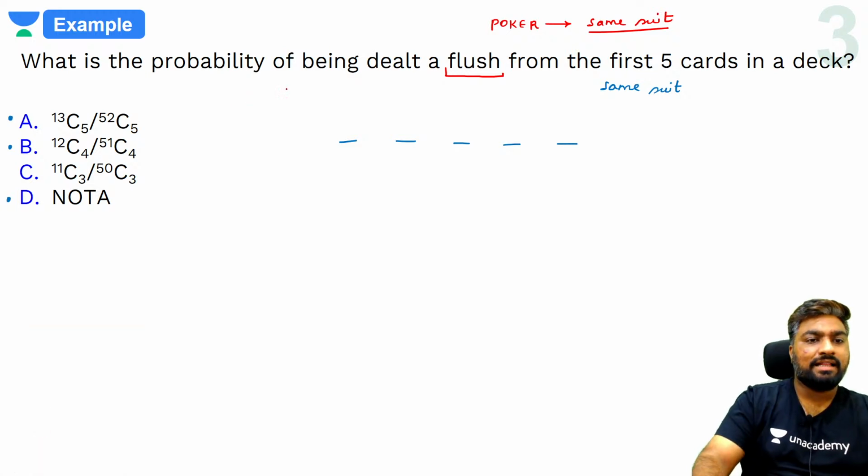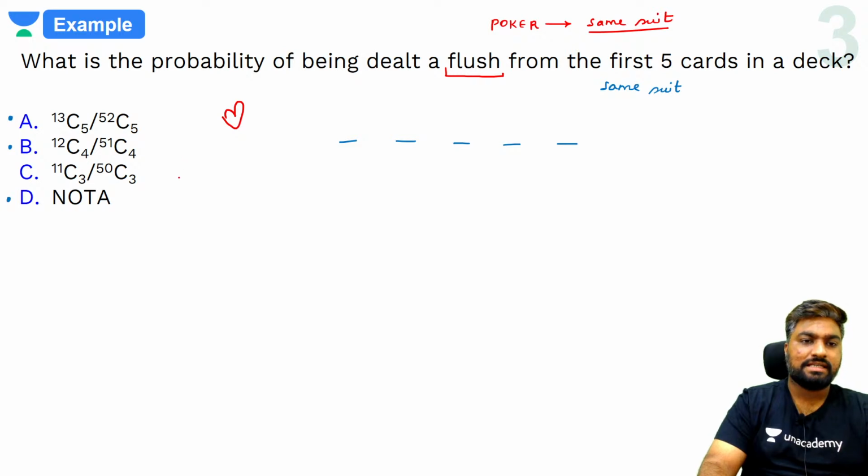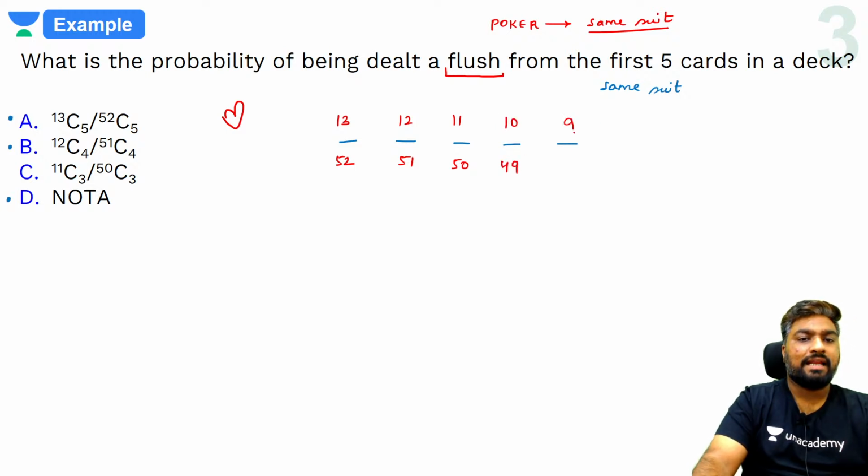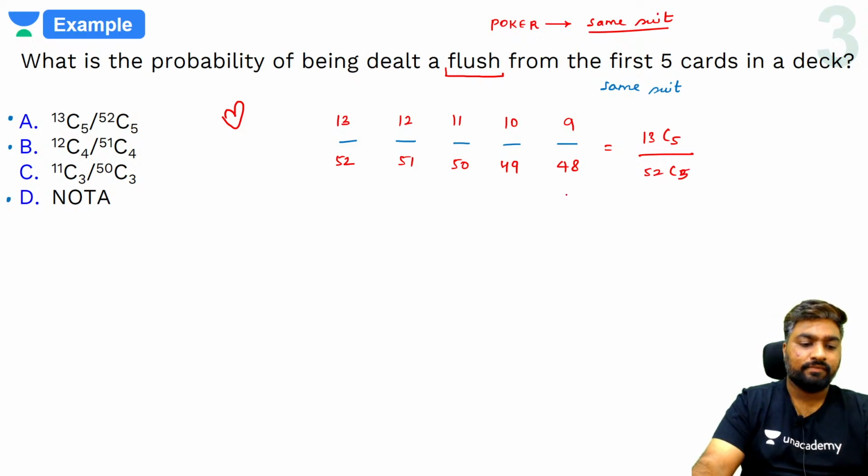So I understand that if the selected suit is heart, then there will be 13 hearts out of 52, then 12 hearts out of 51, then 11 hearts out of 50, then 10 hearts out of 49, then 9 hearts out of 48, correct? Which is nothing but 13c5 by 52c5. I understand that. Okay, very good.